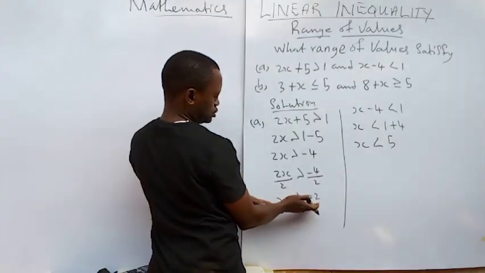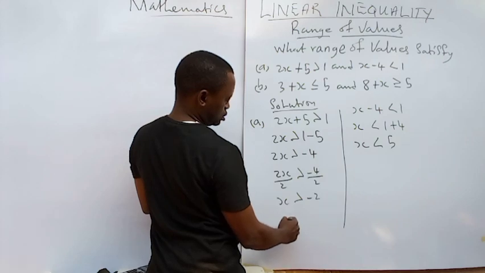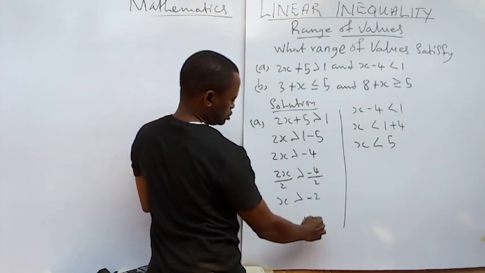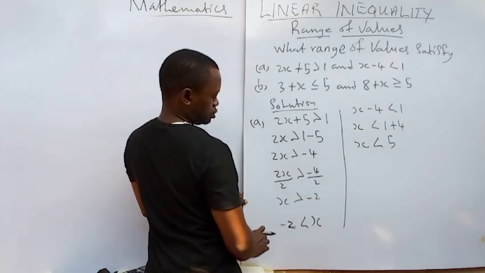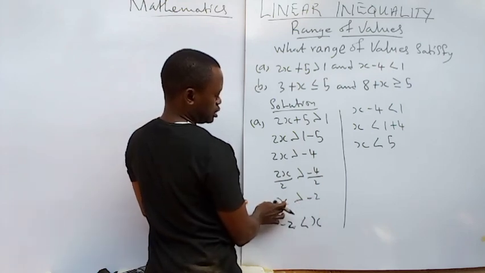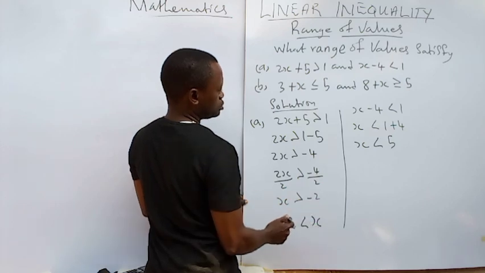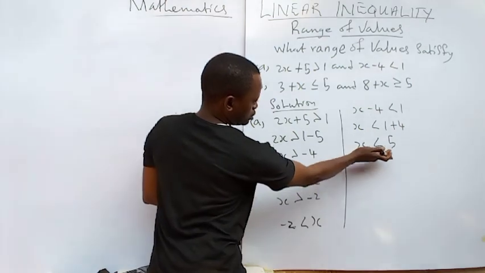So if you check the pattern, I can rearrange this as minus 2 is less than x. I can rewrite this as this. So minus 2 is less than x. x is greater than minus 2. So is it possible for us to bring this and this together?